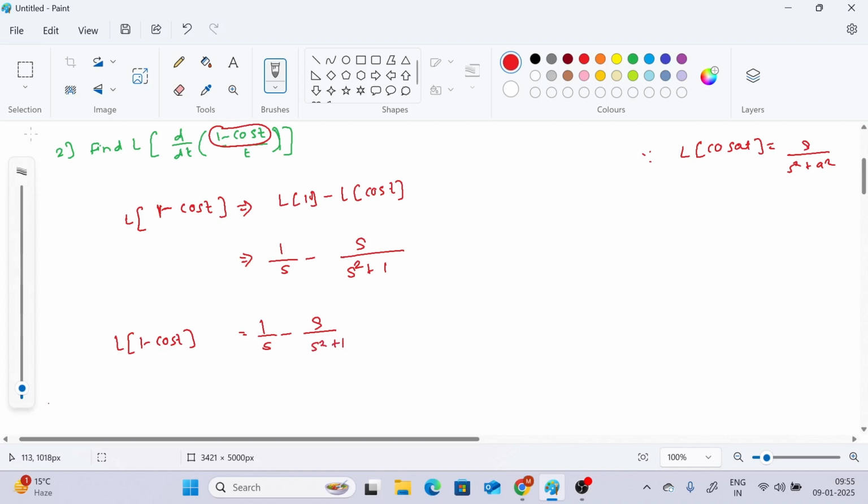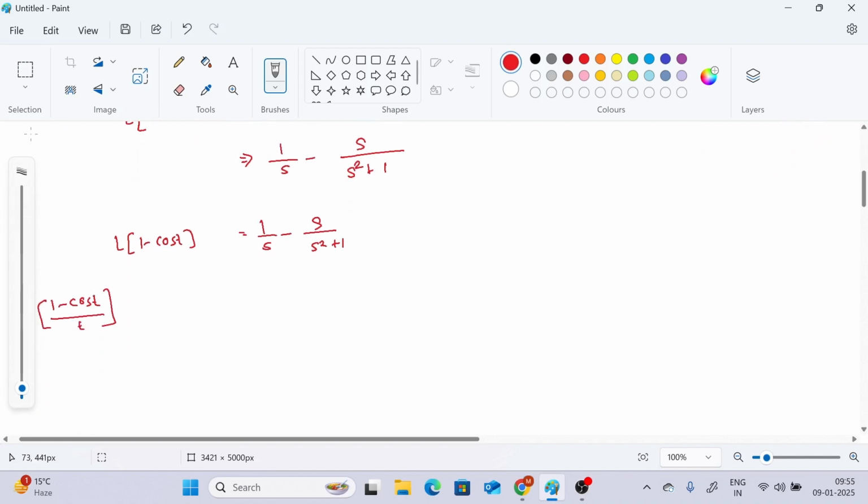Now I'm going to find the value for (1 minus cos t) upon t in Laplace form. How can I find the value for this? I'm going to apply one rule here, the rule of division.